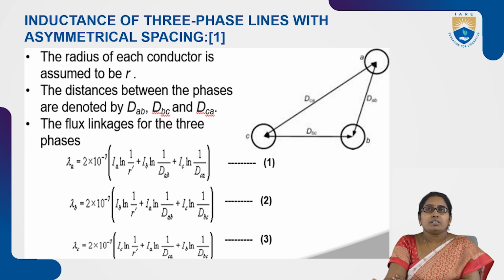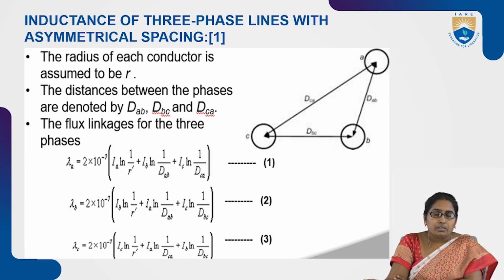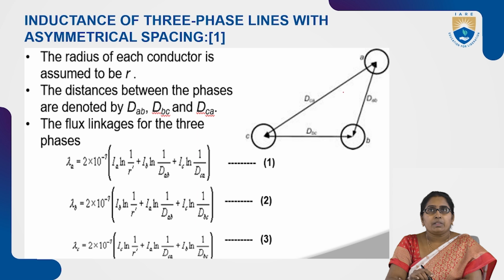Here we can see in the diagram the three-phase unsymmetrically spaced line, where there are three conductors shown as small a, small b, small c, and the distances between them you can see clearly. Between conductors A and B the distance is capital D suffix AB, between B and C it is D suffix BC, and between C and A it is D suffix CA.